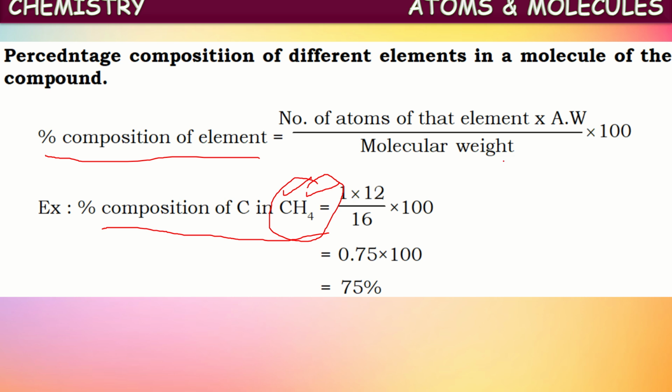So 1 into the atomic weight of that element. Atomic weight of carbon is 12, so 1 into 12 by total molecular weight, which is 16. The sum of the atomic weights within a molecule gives the molecular weight. So carbon 12, each hydrogen 1, and 4 hydrogens are there: 12 plus 4, 16. So 1 into 12 by 16 into 100 gives 0.75 into 100 is equal to 75%. That means in the CH4 molecule, in the methane molecule, the percentage composition of carbon is 75.